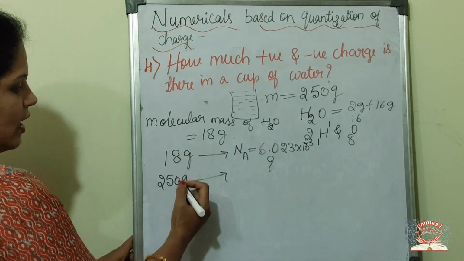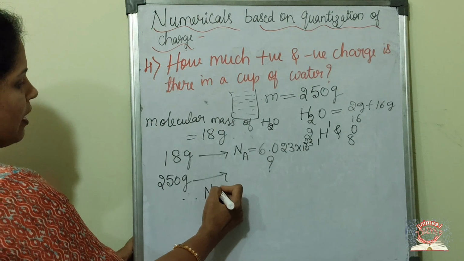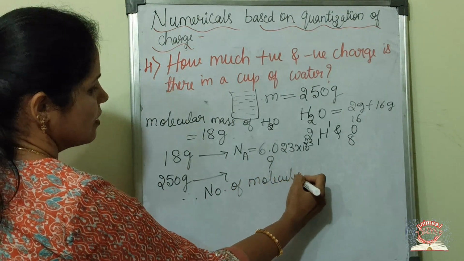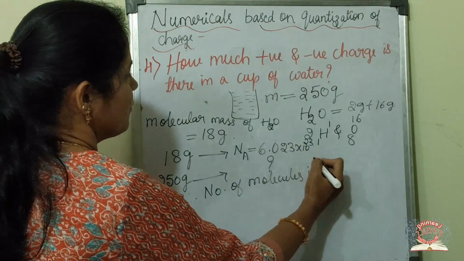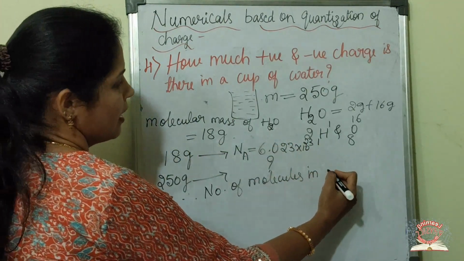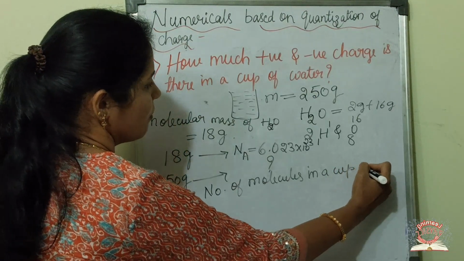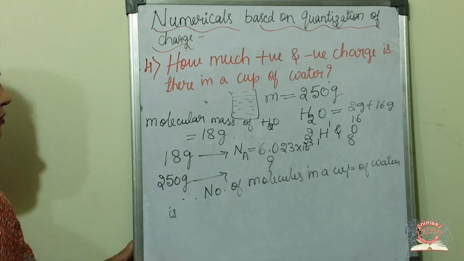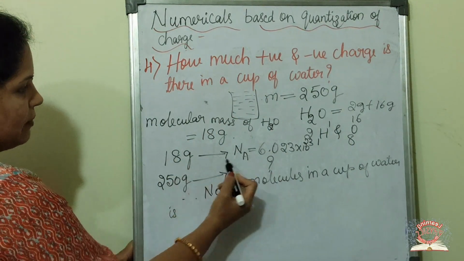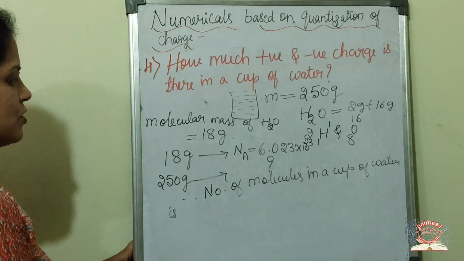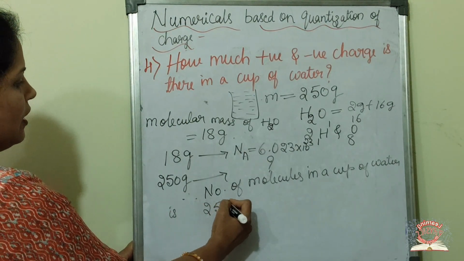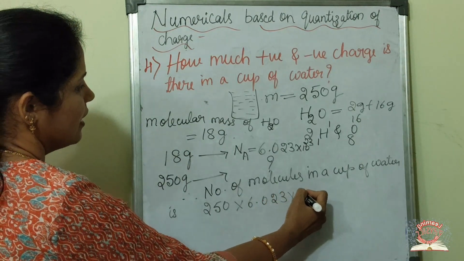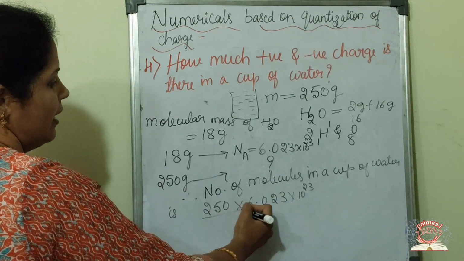Let us calculate that. The number of molecules in 250 gram, which means a cup of water, we calculate by cross multiplying. It is 250 into 6.023 into 10 to the power 23 divided by 18 gram.